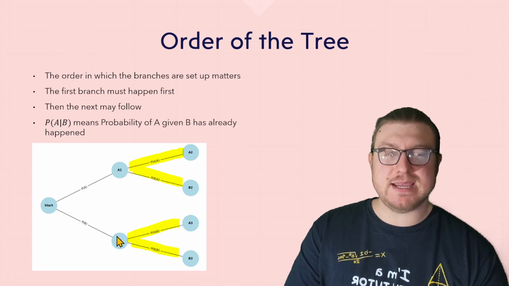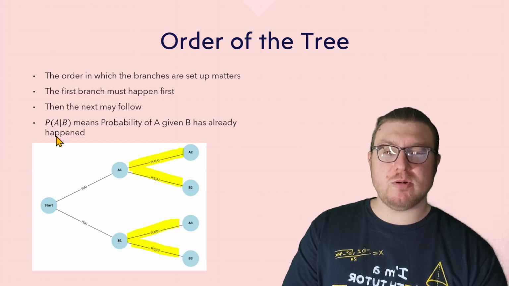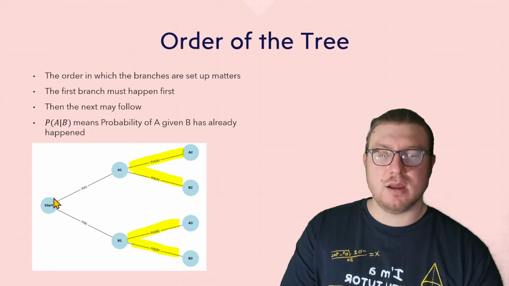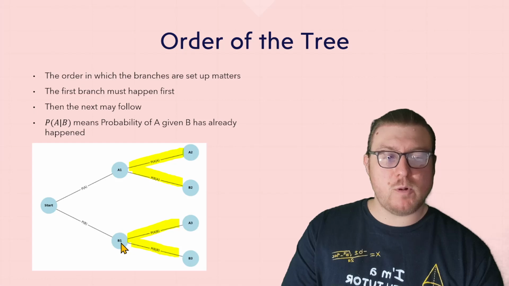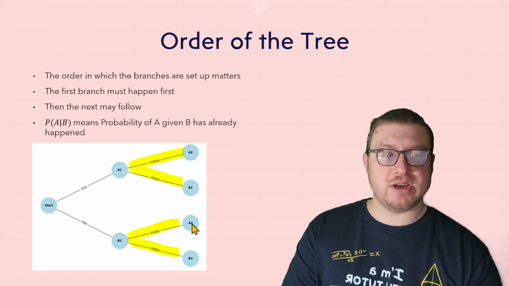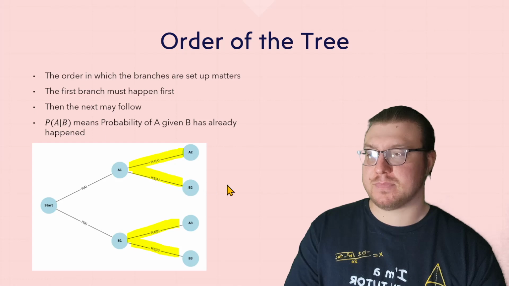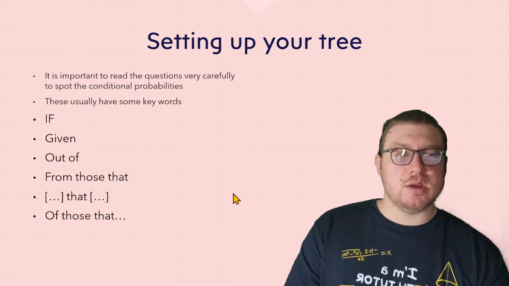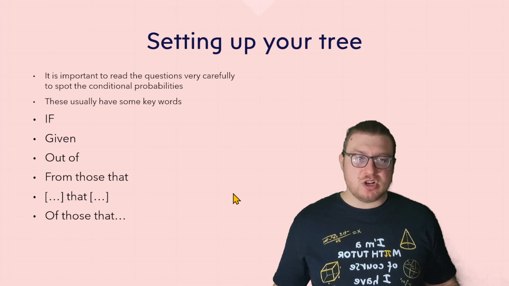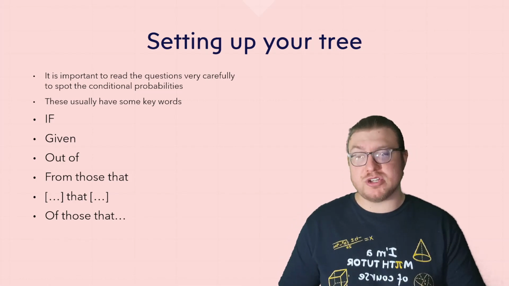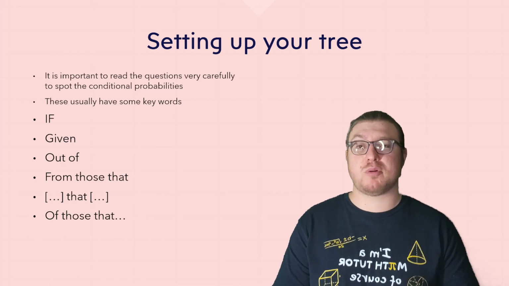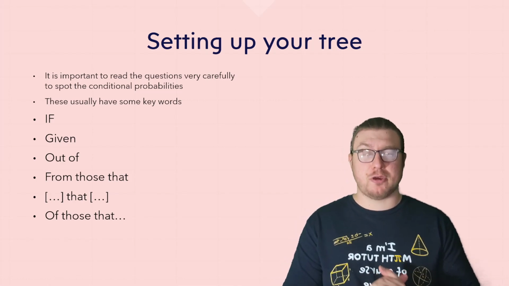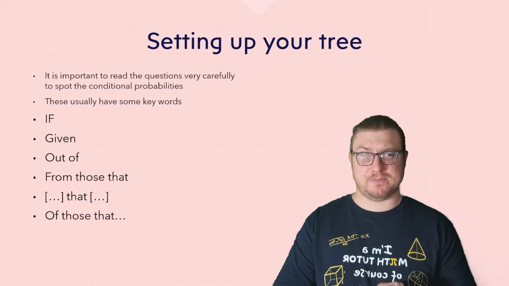We're currently sitting at B, and what we want to know is the probability of A, knowing that we're already at B, which gives us only this one branch to get to A. We call this conditional probability, and we will do more conditional probability, especially in the tables and probability part in the third part of this series.